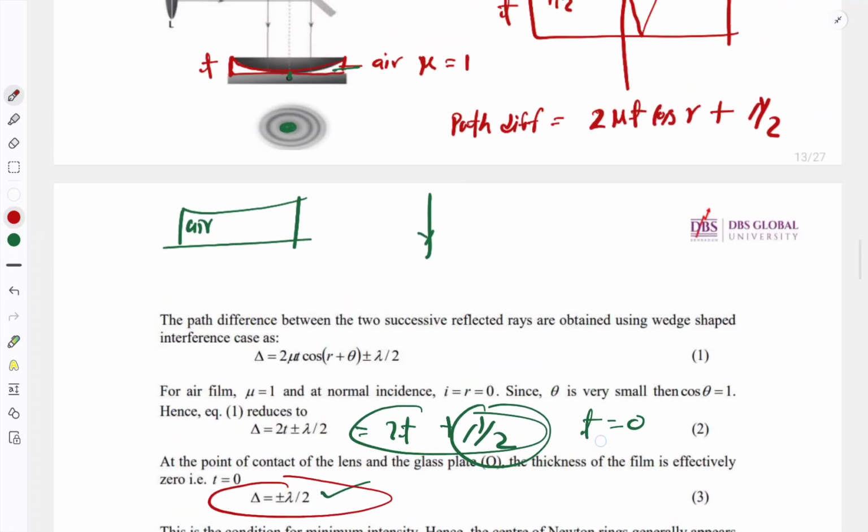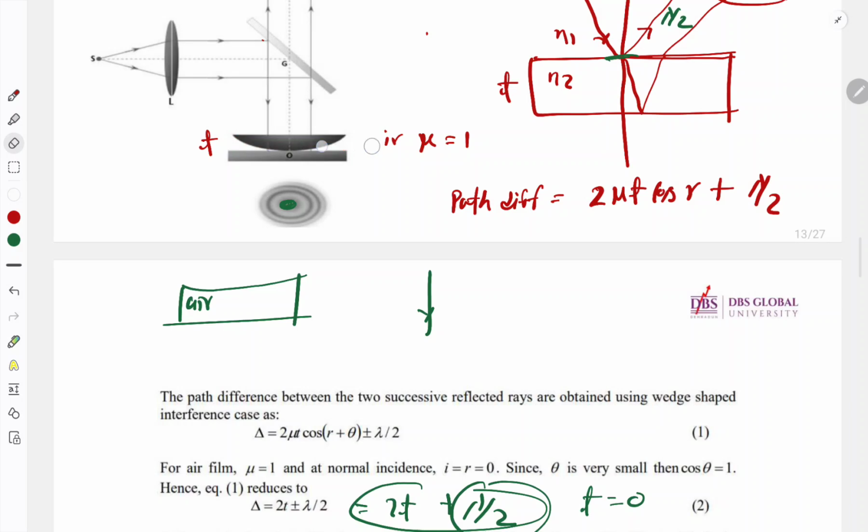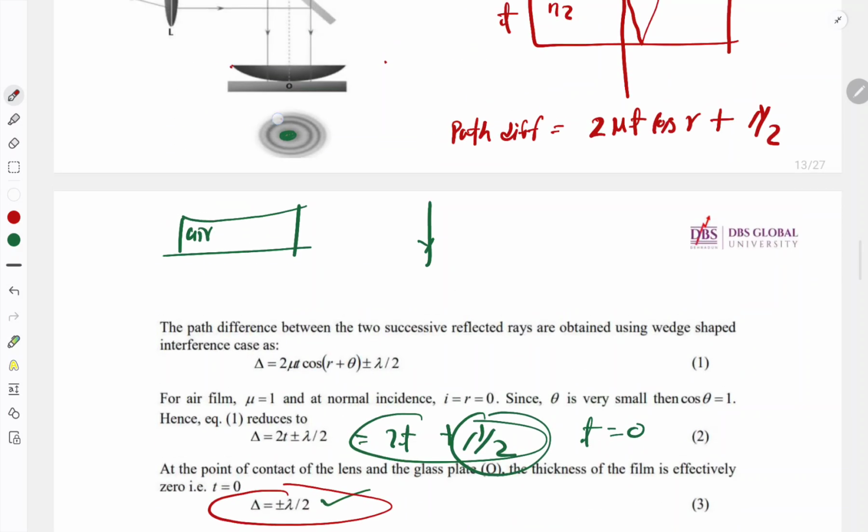Now we talk about the Newton ring. So let's say this is the Newton ring. The formation of Newton ring is like this. So here is the Newton ring forming, and this thickness is t.